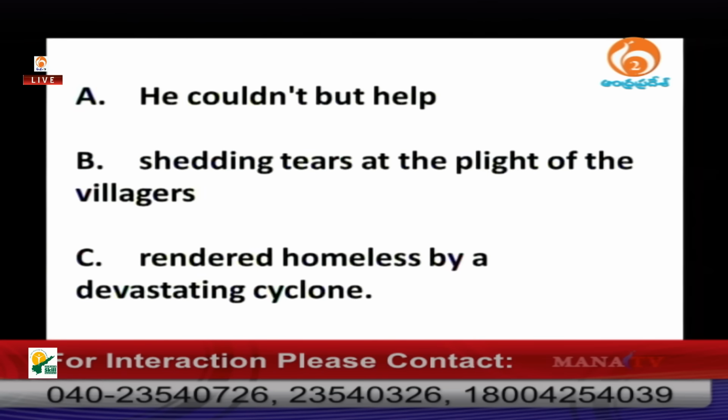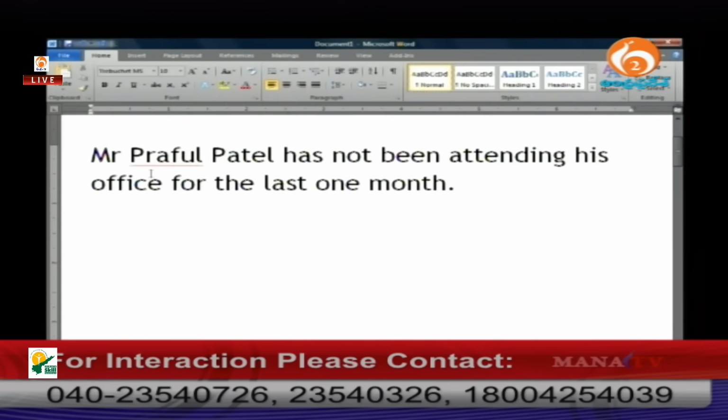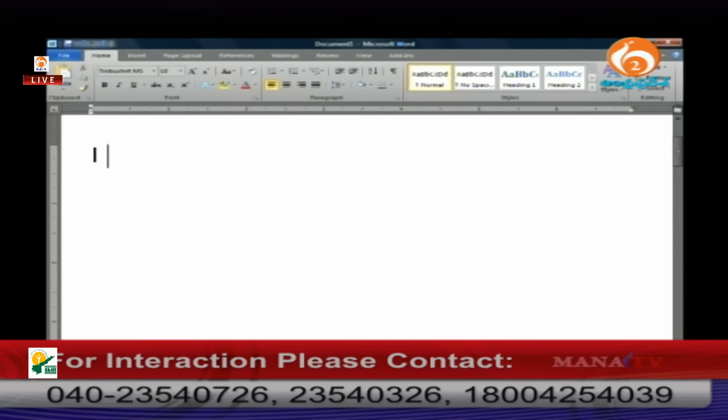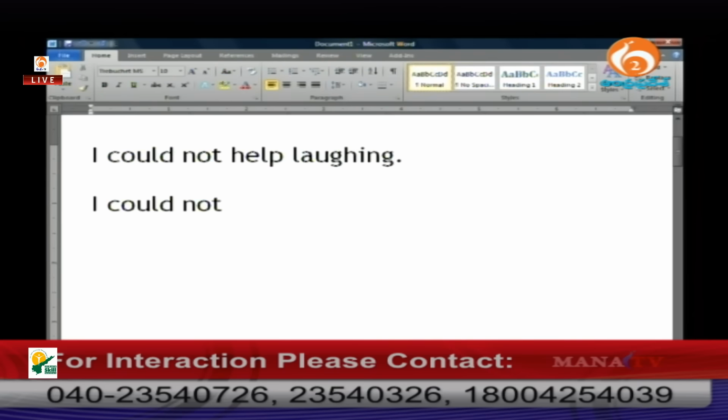He couldn't but help shedding tears at the plight of the villagers rendered homeless by a devastating cyclone. There is an English form which says, I could not help laughing. It means I could not stop laughing.